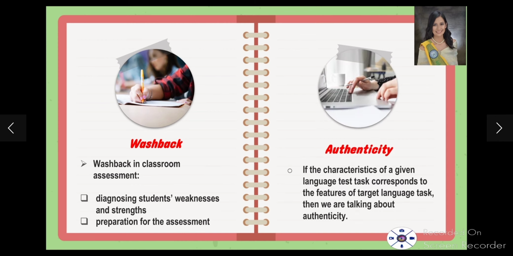So next is authenticity. If the characteristics of a given language test correspond to the features of a target language task, then we are talking about authenticity. Authenticity is present in the following ways.